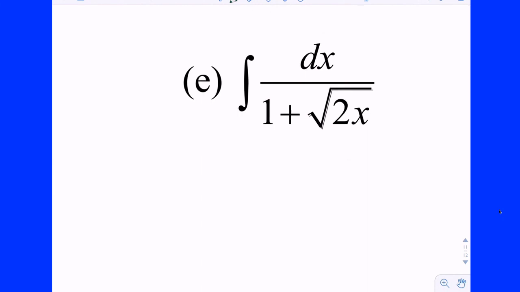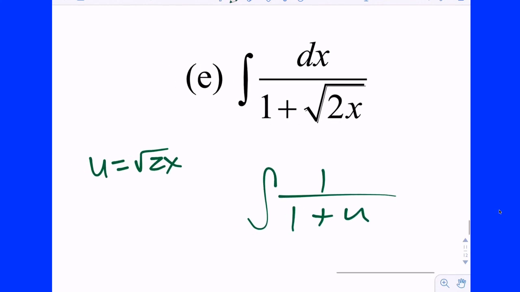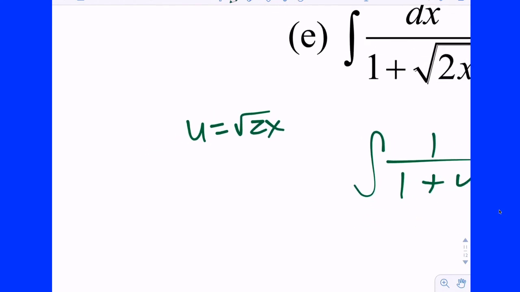Let's try it. Let u equal the square root of 2x. So I'm going to have the integral of 1 over 1 plus u. And now I just have to replace dx. Here is where I would not take the derivative of u right away, because I have an ugly radical. It's going to require the chain rule with the 1/2. So if I square both sides, I get u squared equals 2x.